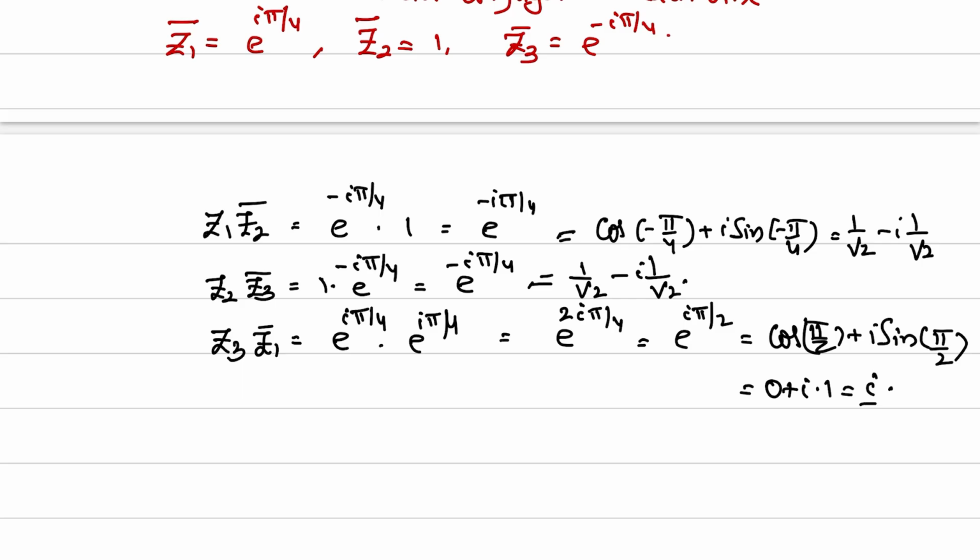Please cross check again. e to the power of minus i pi by 4 is 1 by root 2 minus i into 1 by root 2. Yes. Z2 is 1, and conjugate of Z3 is e to the power of minus i pi by 4. This is also e to the power of minus i pi by 4.